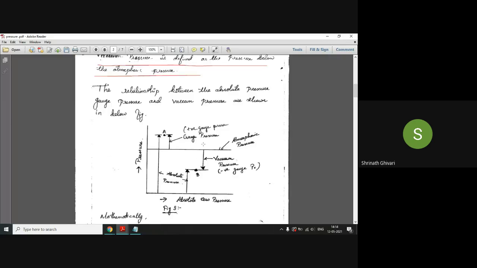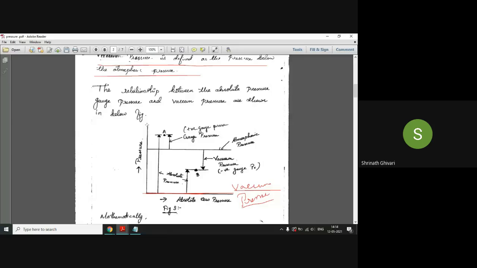Now see, we have found three different pressures: absolute pressure, gauge pressure, and vacuum pressure. This is the absolute zero pressure, and this is the vacuum pressure. Remember this, it is very important from the exam point of view, the interview point of view, and your GATE and PGCET point of view.